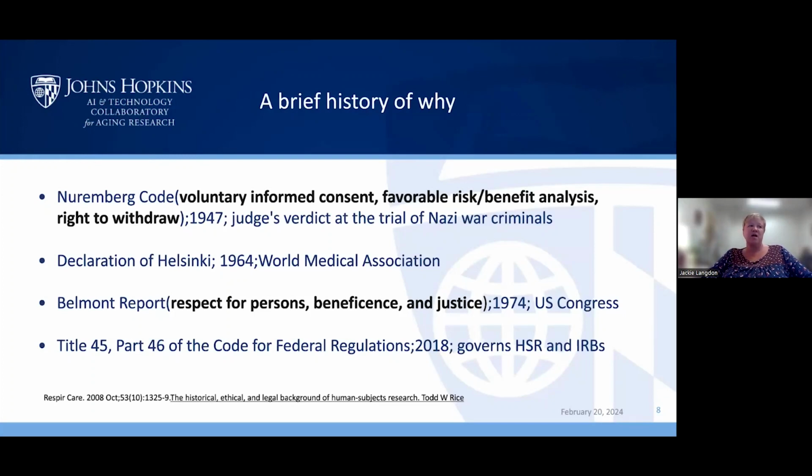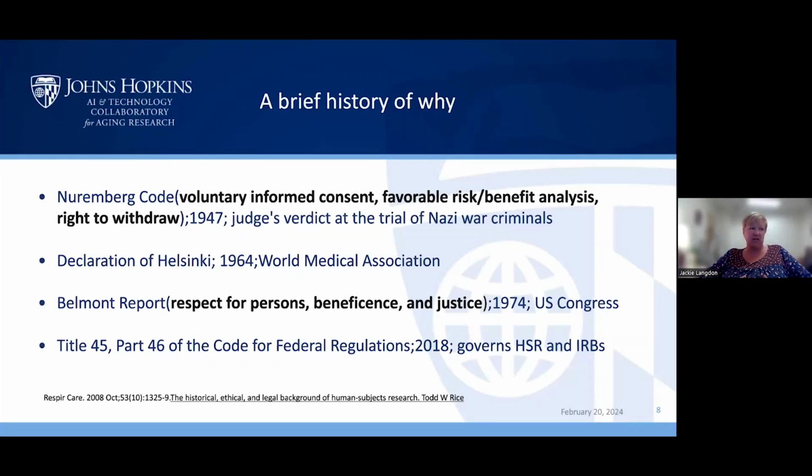The judge outlined the following principles: that human subjects research must have voluntary informed consent, a favorable risk-benefit analysis, and the individuals must have the right to withdraw. His verdict, handed down in 1947, became what's known as the Nuremberg Code. These principles you will still see today as you do your training or read consent forms and so forth.